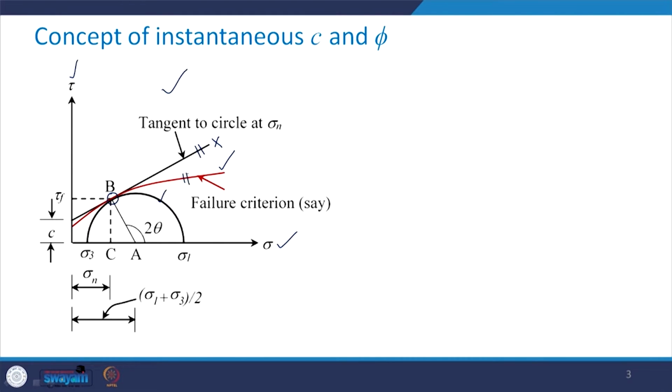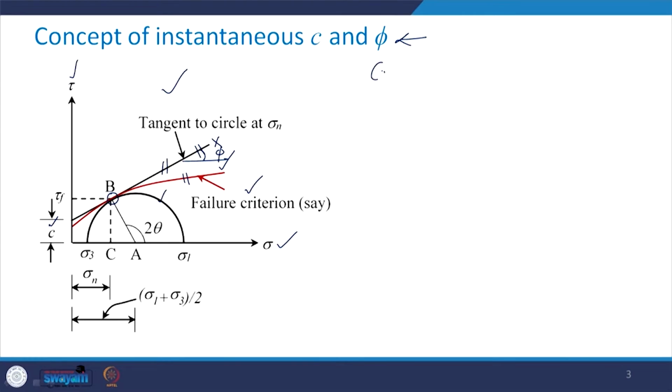This C and this angle phi are defined for the straight line. Can we find out something equivalent for this non-linear failure criterion? The process of finding this instantaneous C and phi we are going to learn here.